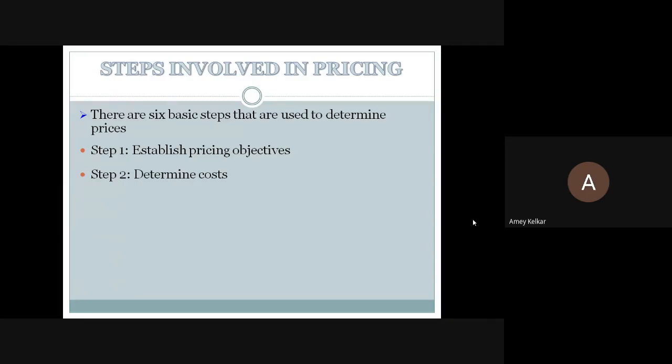Second, determining the costs. This is an important process because whatever you are investing in raw materials, labor, etc., you should know that cost very properly. Once you fix your price and then you feel that the costs are more, you can't help it, because you have already fixed the prices and already advertised.